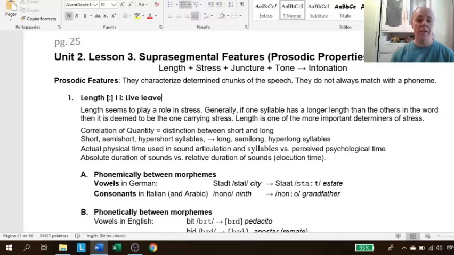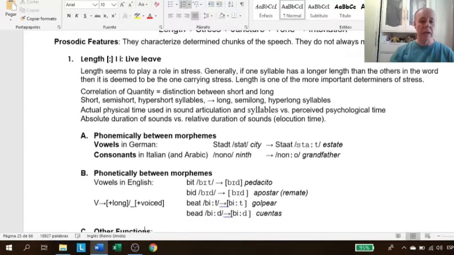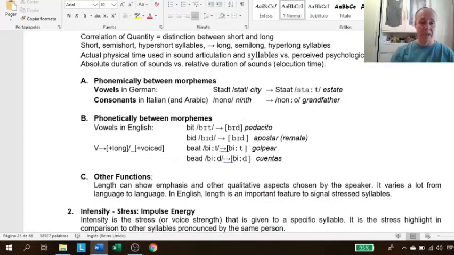Then we have a different type of prosodic feature called stress. Yes. But before we go into stress, we're going to cover other languages just to compare. German, for example. Here you have German.